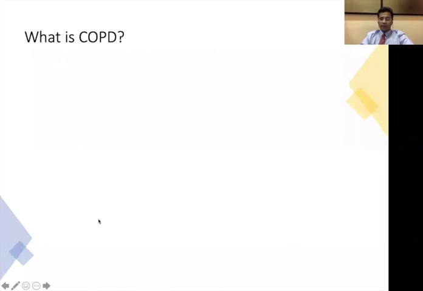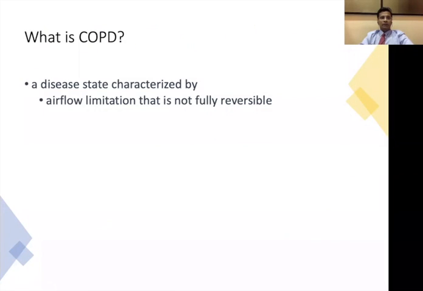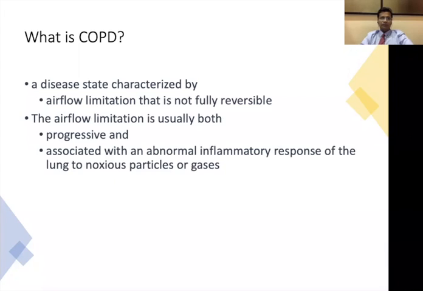What is COPD? This is also a disease characterized by airflow limitation, just like asthma. But unlike asthma, this airflow limitation is not fully reversible. That is one important difference from asthma.